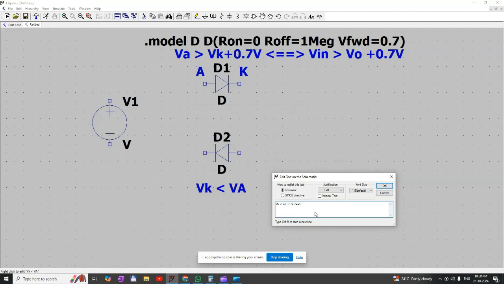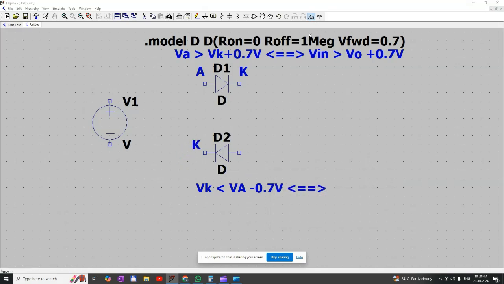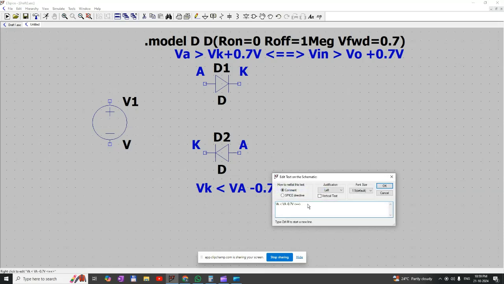Here VK is the cathode and this is the anode. So we'll call it V in. V in must be lesser than V out minus 0.7.